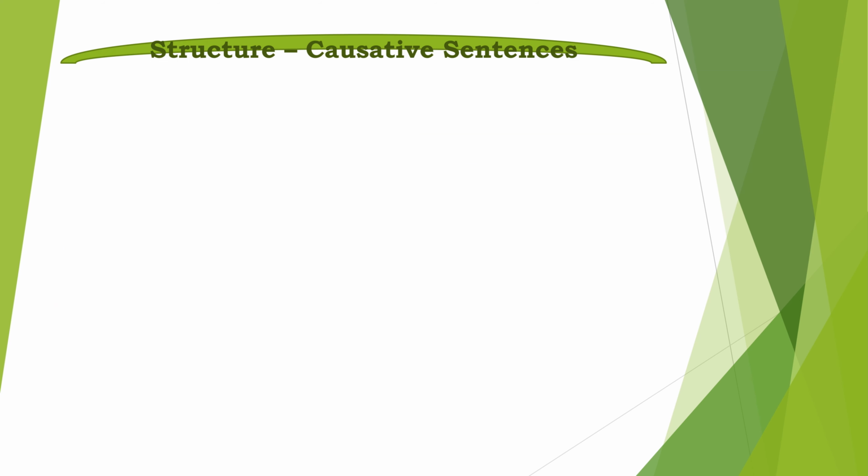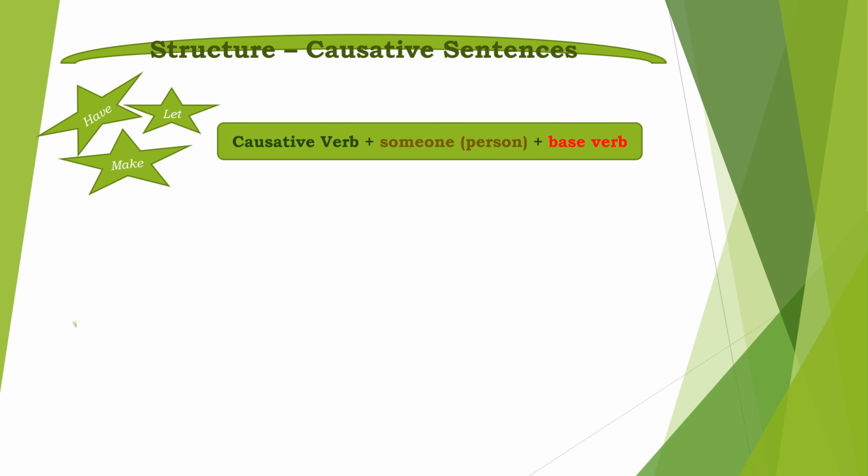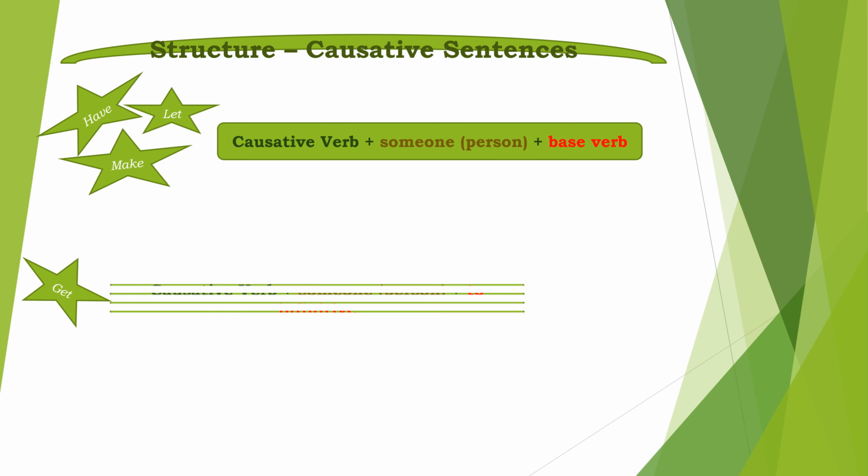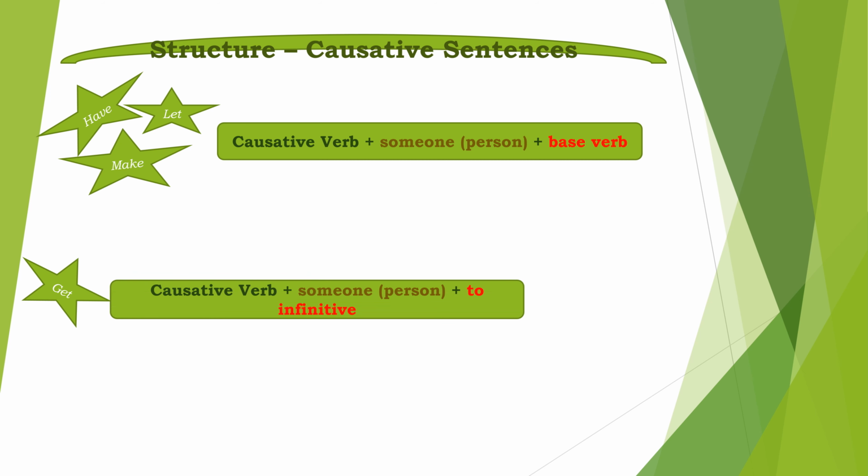Let's have a look at the structure of causative sentences, how to use all those 4 causative verbs in these causative sentences. 3 causative verbs, have, make, and let, have different structure than the causative verb get. Have you noticed the difference? Have, make, let.